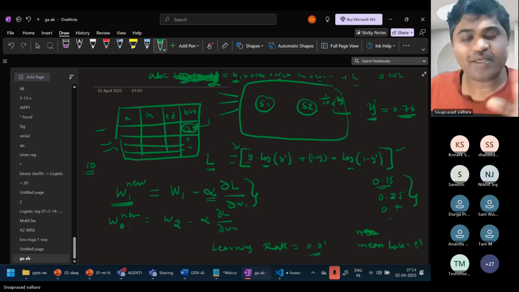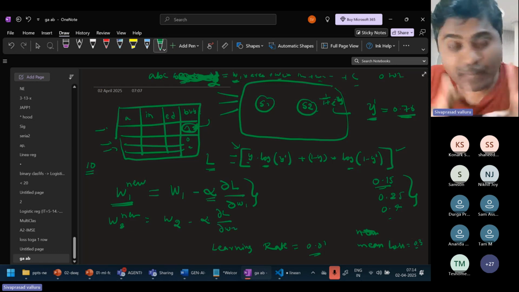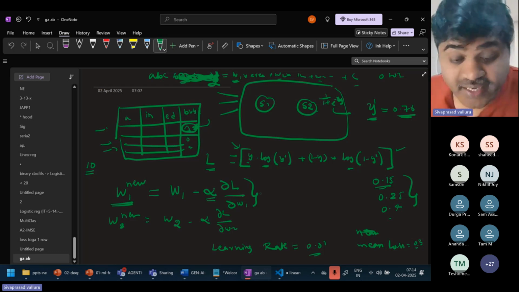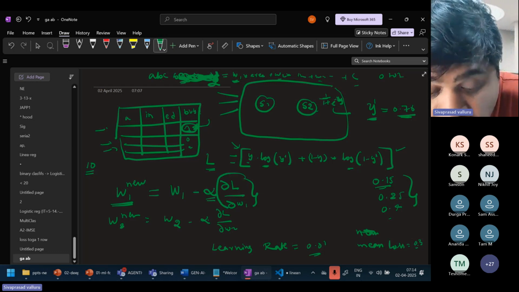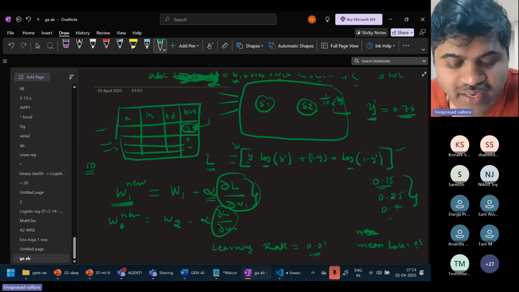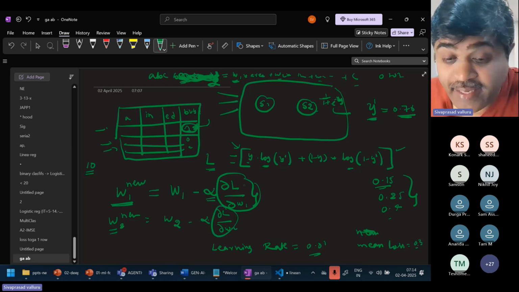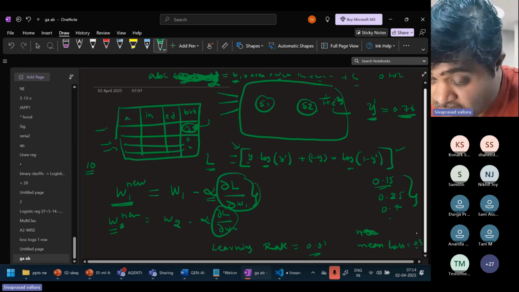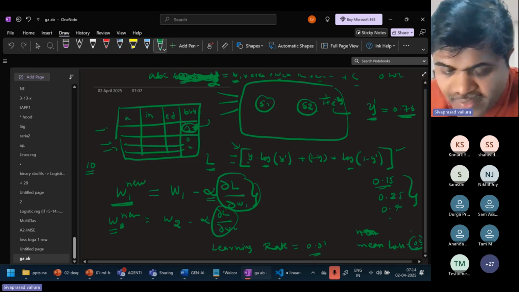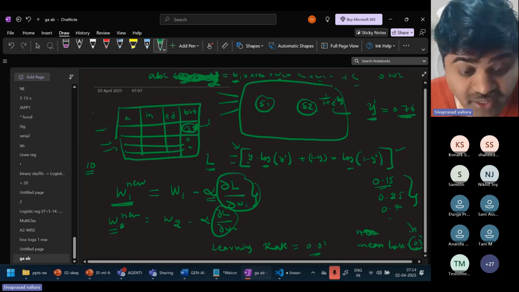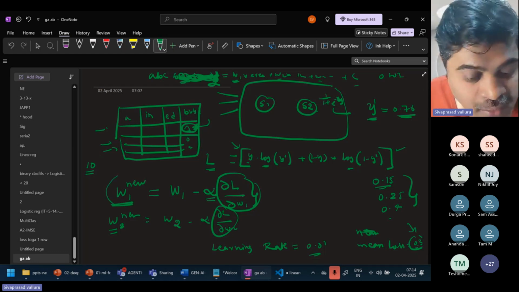Don't worry about these formulas, don't keep them in your mind. What I wanted you to understand is that based on the loss function and the derivatives, the new weights are calculated. Based on the total loss calculated in the first iteration, new weights are calculated.